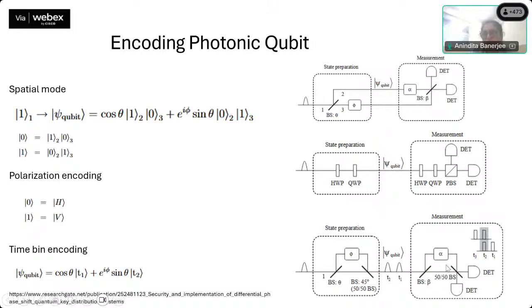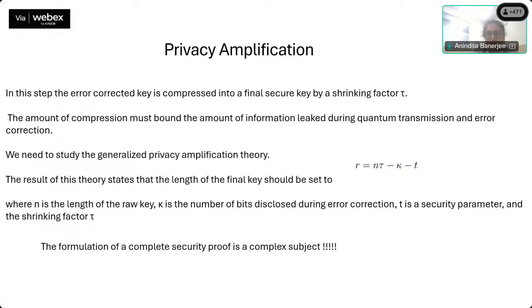There are several more. Orbital angular momentum can be used as one of the degrees of freedom. So there are a lot of protocols in the literature. If you do a literature review, you'll come across different techniques of encoding the qubit. Most popular of them is actually polarization.